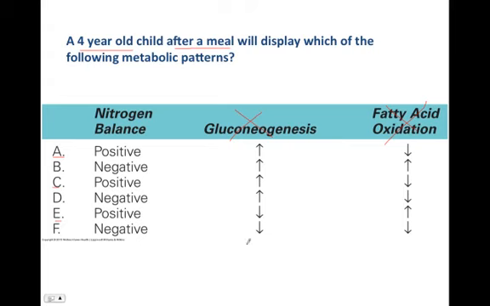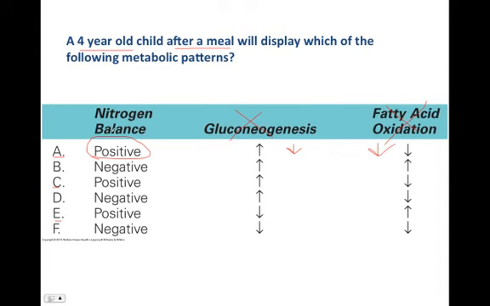And now, if I look at this table, I realize there is not a choice here that suits. This individual would have a positive nitrogen balance and would also have low levels of gluconeogenesis and low levels of fatty acid oxidation.